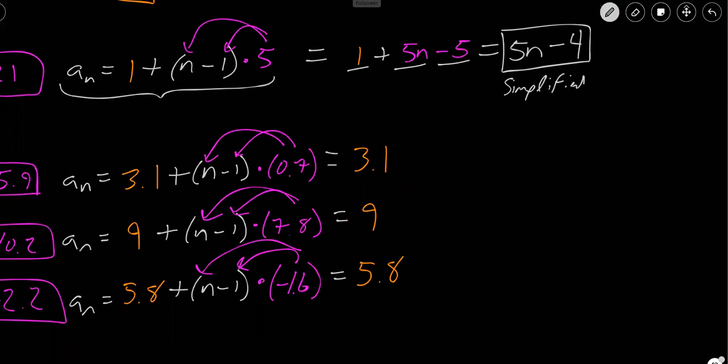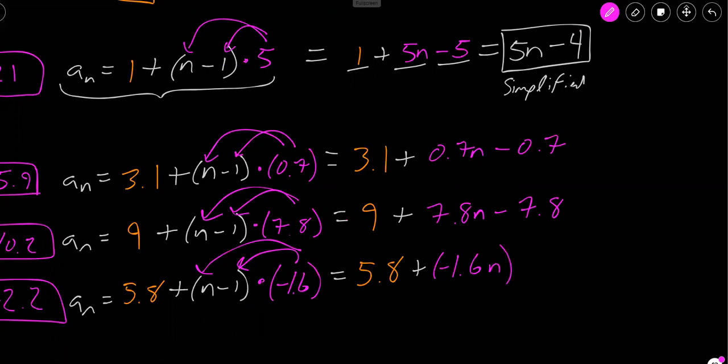These are all going to be added. 0.7 times n is just going to be 0.7n. 0.7 times negative 1 is going to be negative 0.7. And I can do the same on the second and third examples. We've got 7.8n minus 7.8. And we've got negative 1.6n. And then a negative 1.6 times a negative 1 is actually going to be plus 1.6.